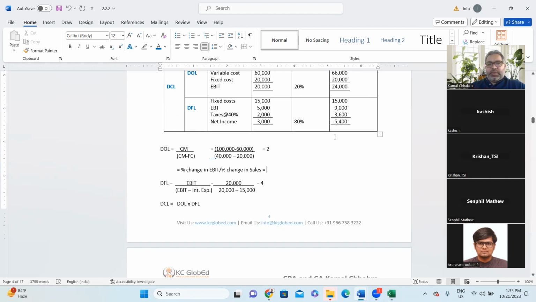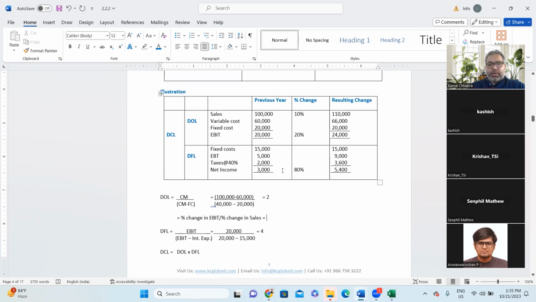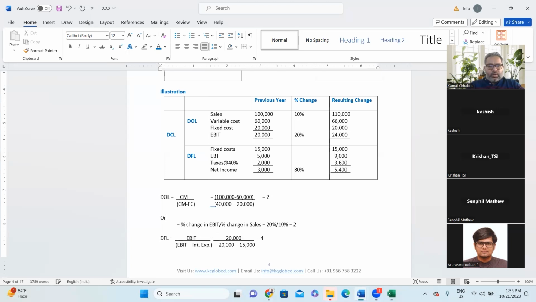So what is the percentage change in EBIT? 20%, right? So 20% divided by what is the percentage change in sales? 10%. This will also give you the same result. So both options will give you the same result. Make sense?